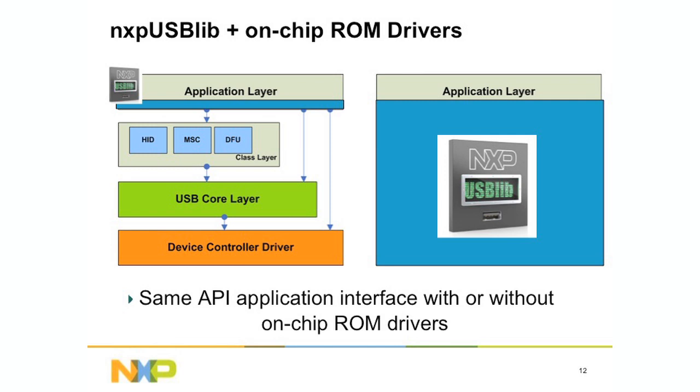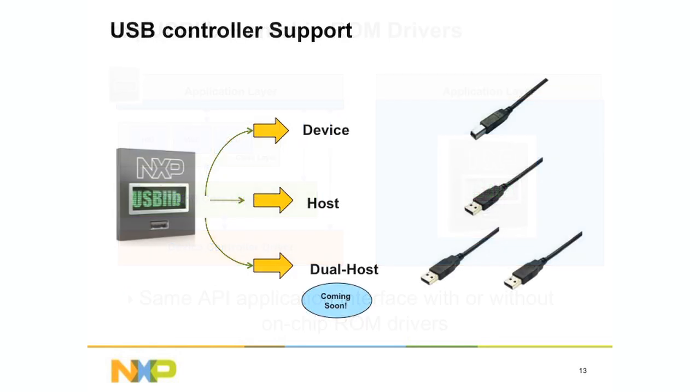And you can set up structures and do all this stuff to make the ROM drivers work. But if you use USBlib, it does all that stuff for you. And more importantly, if you move to one that doesn't have ROM drivers, nothing changes other than the amount of memory that you have to use to run it. So same API application interface with or without on-chip ROM drivers.